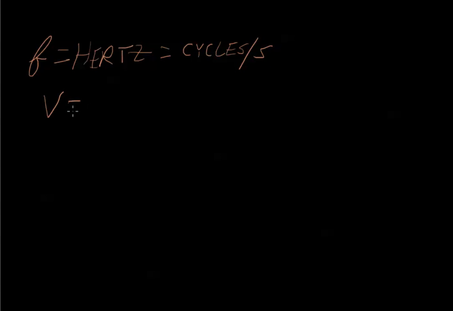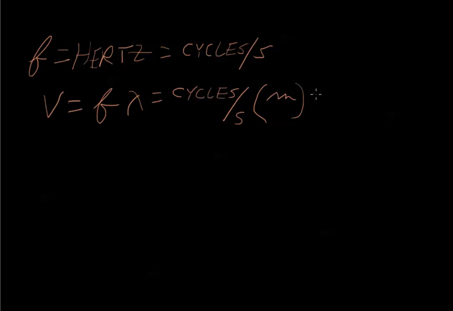So let's take a look at the math here. Velocity equals frequency times wavelength. Well, frequency is cycles per second, and that's just really a number, times wavelength, which is in meters. So if you do the math here, you get meters per second.